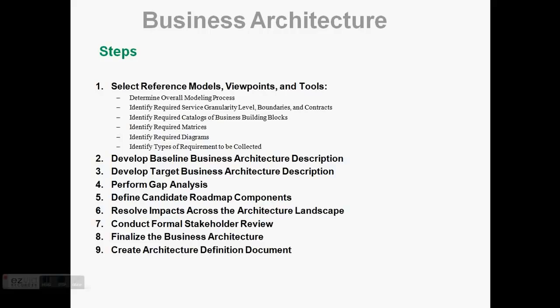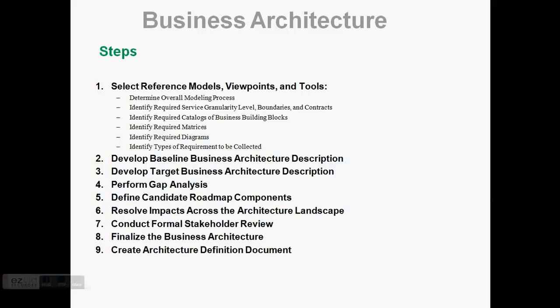We note any changes to the viewpoint represented in the selected model from the architecture repository, and document and test the architecture models for completeness against the requirements.